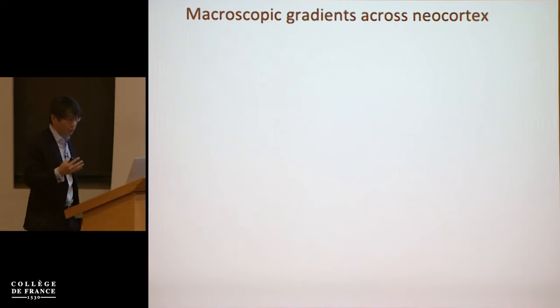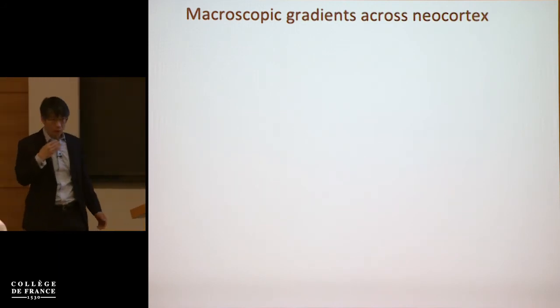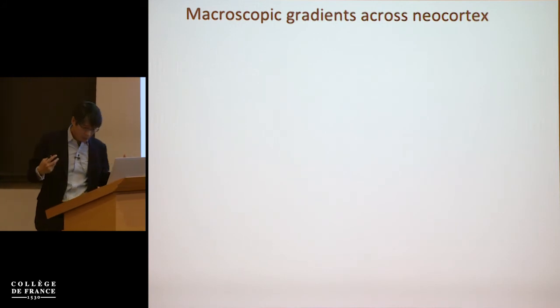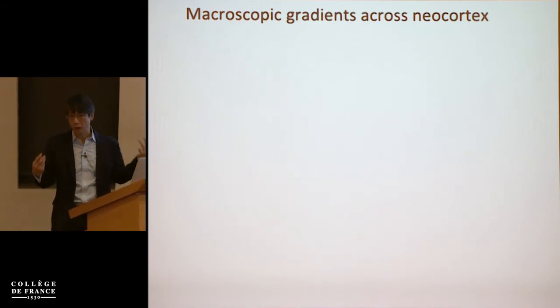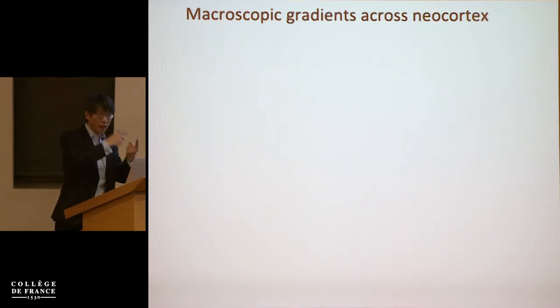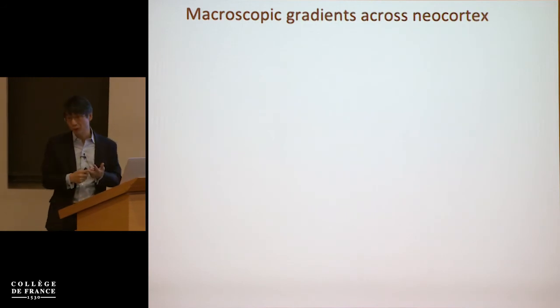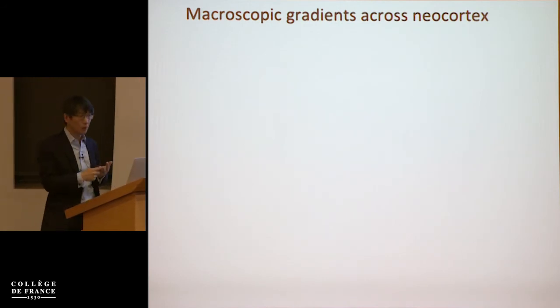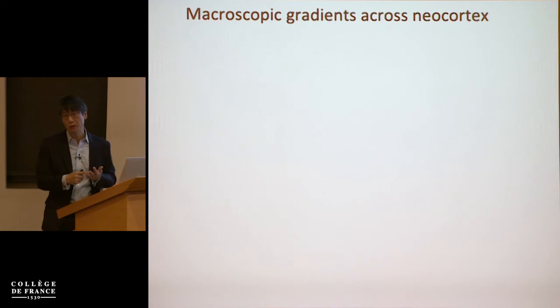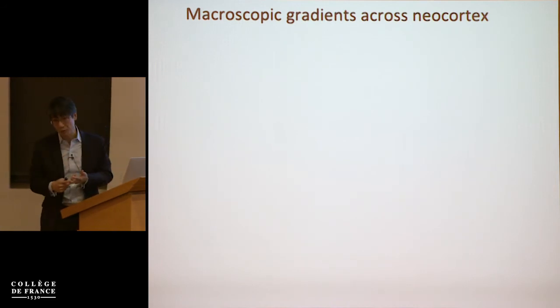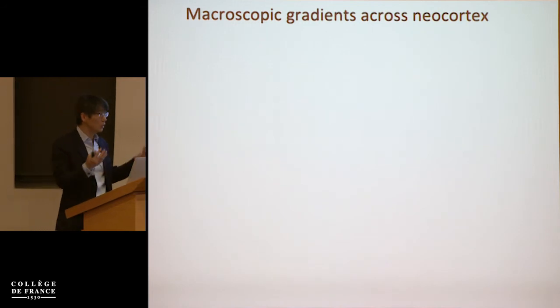Well, actually now. So how can we pursue this idea of macroscopic gradients? You see, each area has a lot of biological properties. Ion channels of single neurons, molecules about synaptic excitation, molecules about synaptic depression, and excitation versus inhibition, intracellular properties.